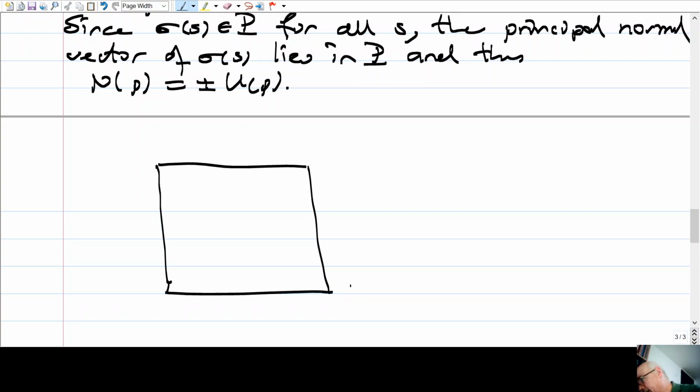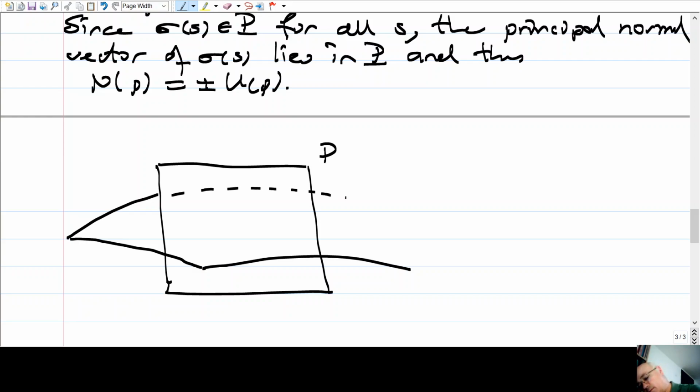Okay, let's say this is the plane P, and this is cut by a surface, so the intersection curve is something like this.